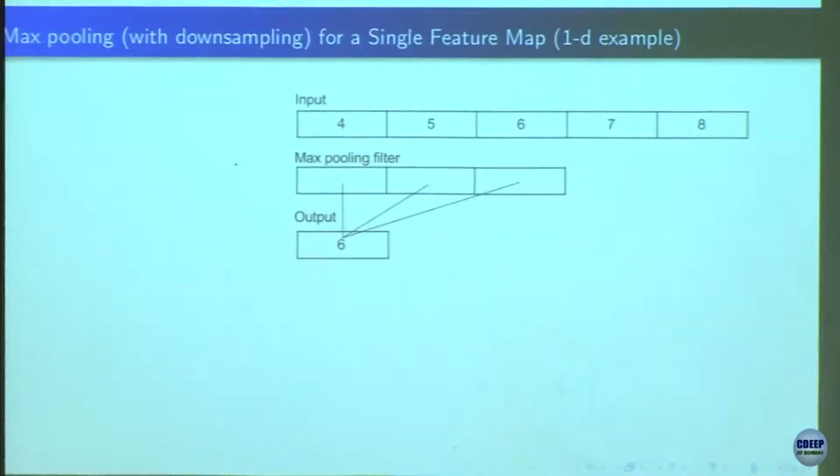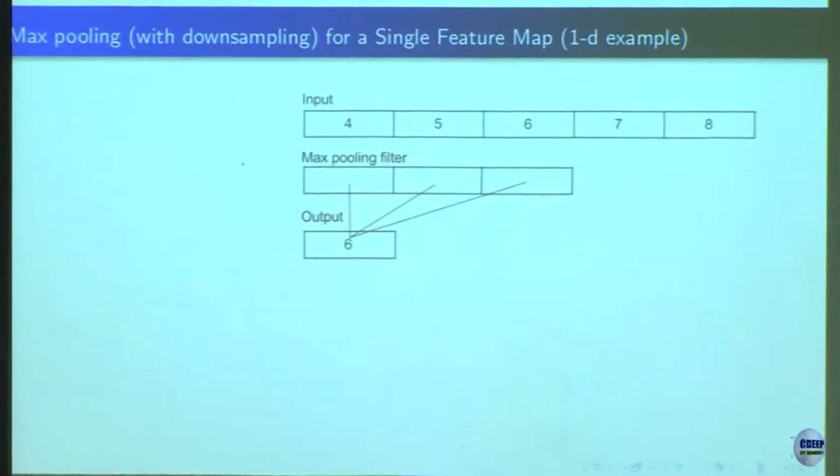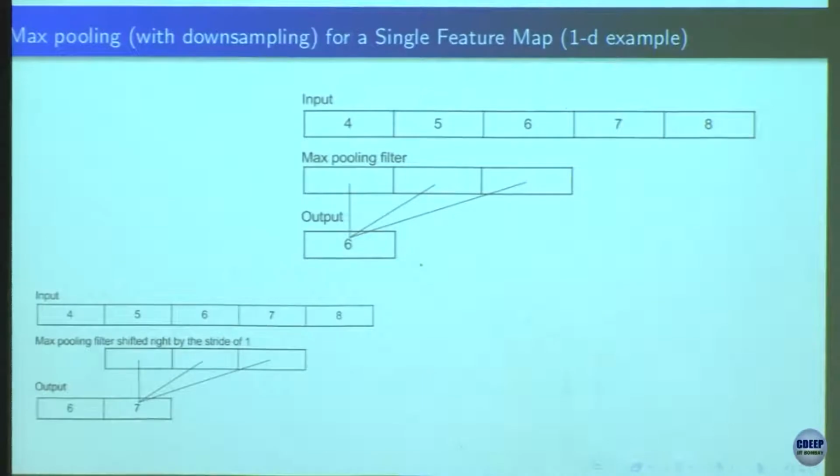So yes, an example in 1D, input is 4, 5, 6, 7, 8, and let's say I apply a max pooling filter, P equals 3, M equals 5. This is one dimensional, there is no Q, there is no N, and the output is 6, right, the max value between 4, 5 and 6. And I'll shift to the right using a stride of 1, I get 7.